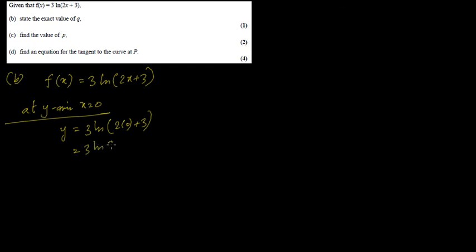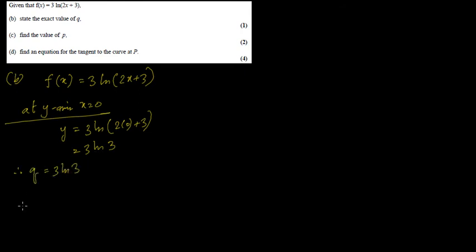So at the y-axis, x equals 0. So you can write y equals 3 ln(2 into 0 plus 3). That will be 3 ln 3. Therefore, this is the y coordinate where this cuts the y-axis. So q equals 3 ln 3.